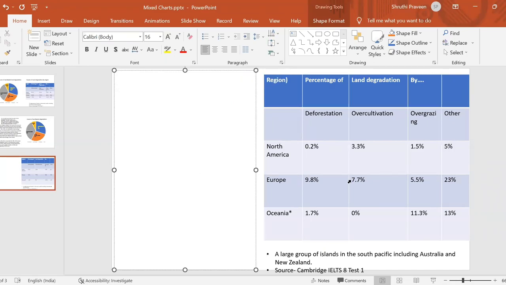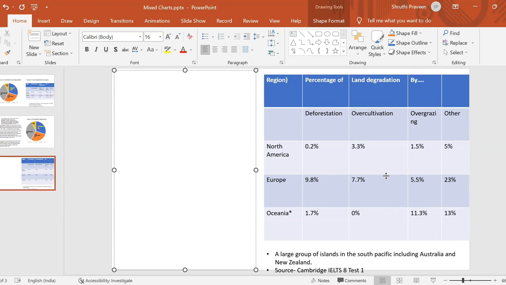So let me see. Overgrazing accounted for 11.3 percentage in Oceania, while only half of this was the reason for Europe's loss of land. So if you see this pattern, 5.5, double of 5.5 is 11. So half.